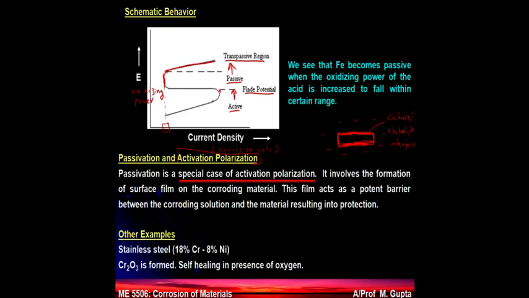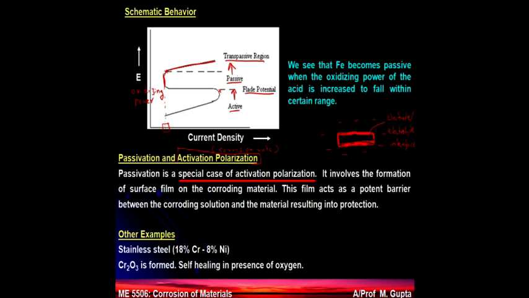And this is very commonly exhibited by stainless steel, steels which contain certain levels of chromium and nickel, because in the presence of an oxygen-containing environment, 21% oxygen in our atmosphere, they make chromium oxide on top of it.